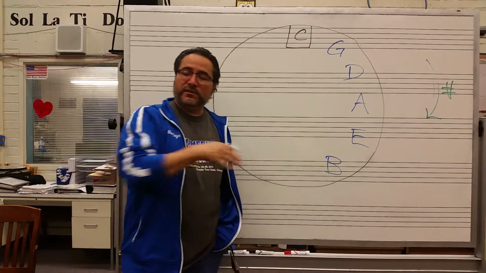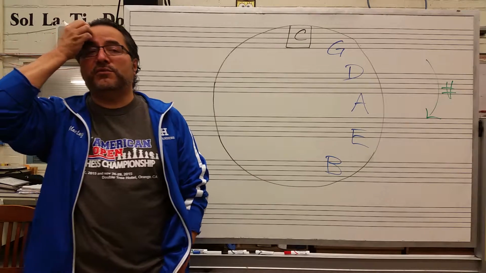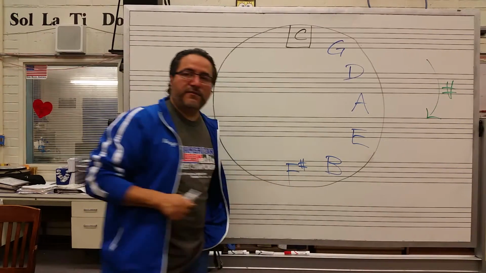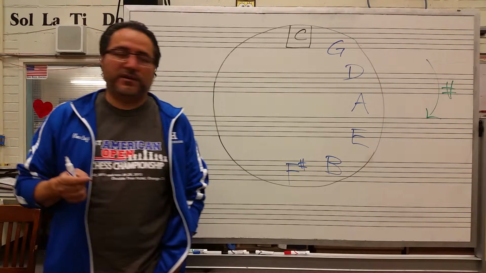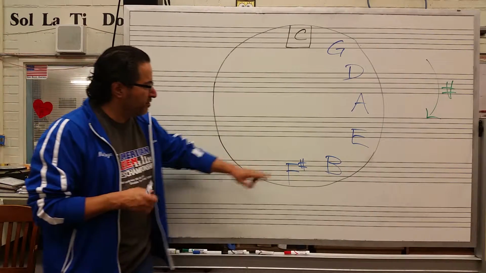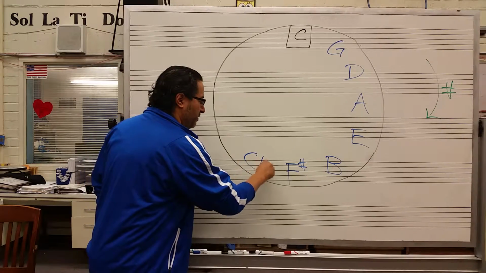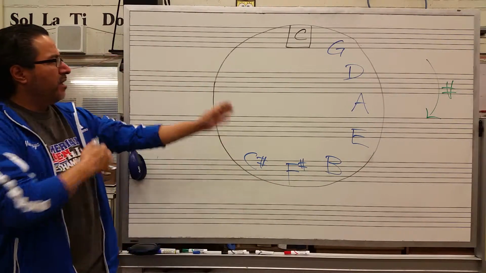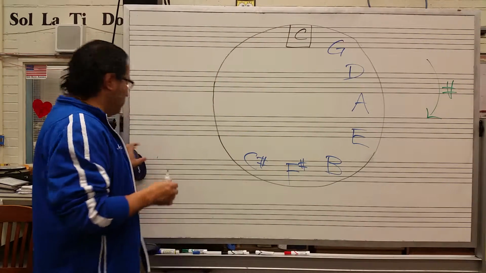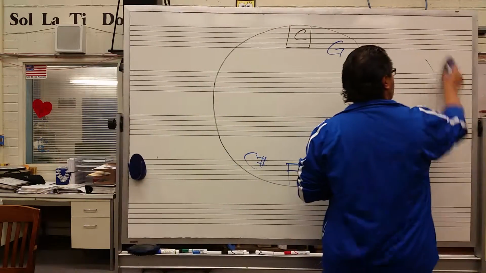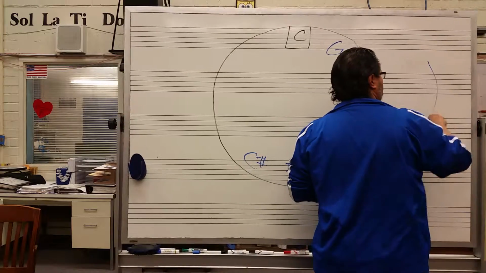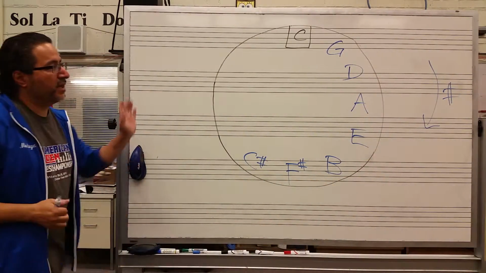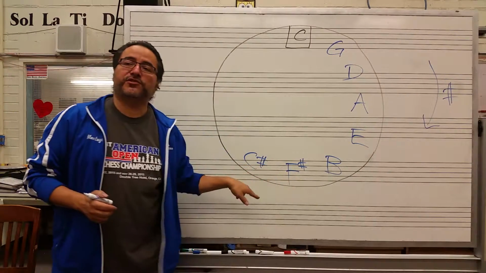And now from B to the next note, it's not just a letter, it's actually to a sharp. B to F sharp is 7 half steps, not B to F. You got to be careful there. So F sharp, if I go up one more, it will actually be C sharp and not C. Of all the notes on the sharp side, only 2 of them have sharp in their title.